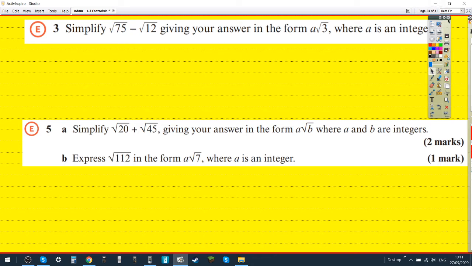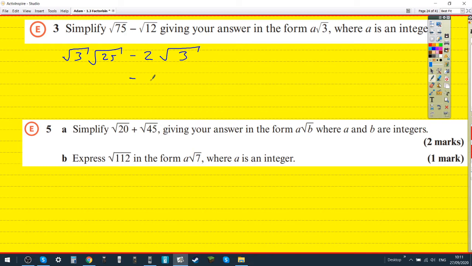Okay, exam question. How do you do the top one? So 12 becomes 2 root 3 minus. 75 becomes 3 and 25. Should be 3 root 5.